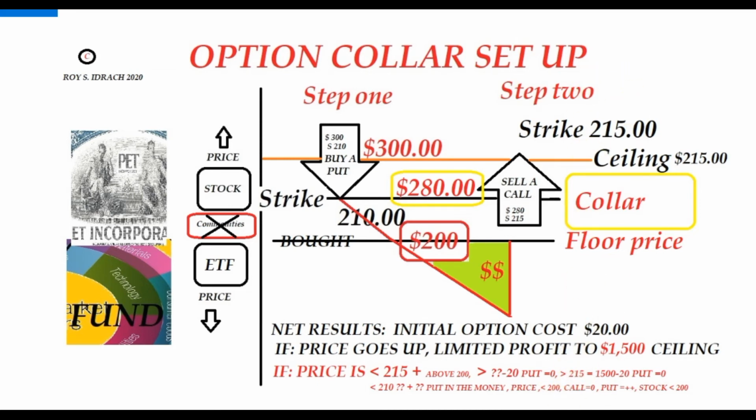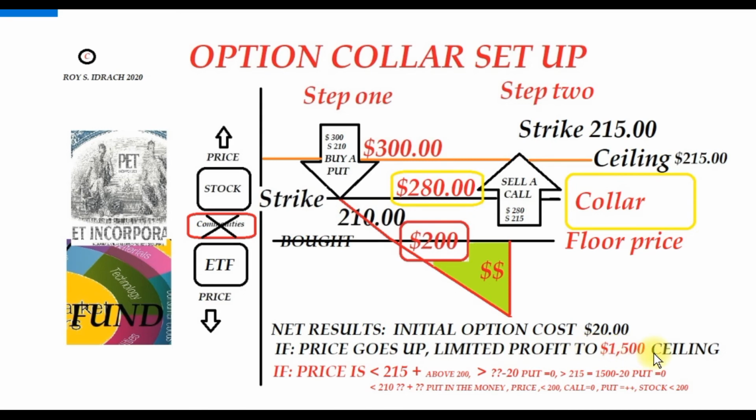Because it was at 215. The put gains value, right? And the stock is less than 200. You're going to gain this part here. So depending on the volatility and how much the price goes down, you limit profit to $1,500.